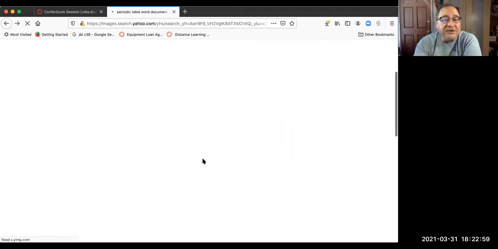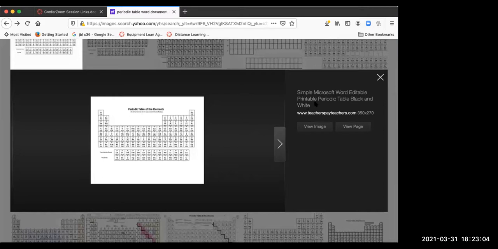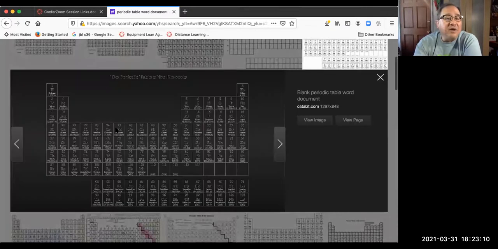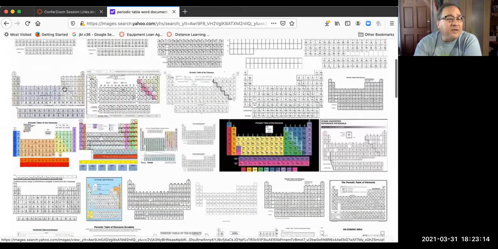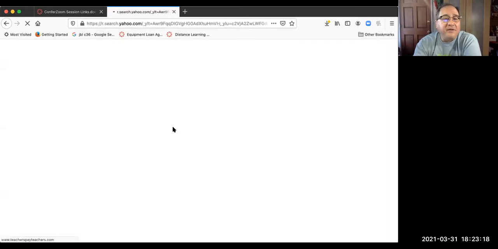But it started with cerium, so I like that. So I just need to find one that has the right orientation of those. Here's another one. This has the names on it. But apparently this first one that I went to, if you go to the page, you can download it.